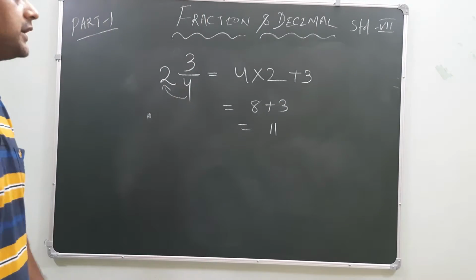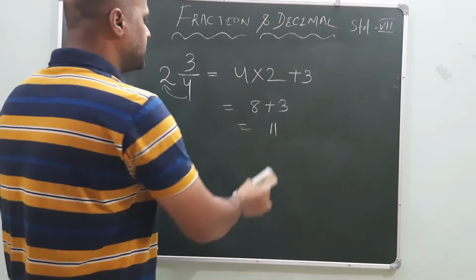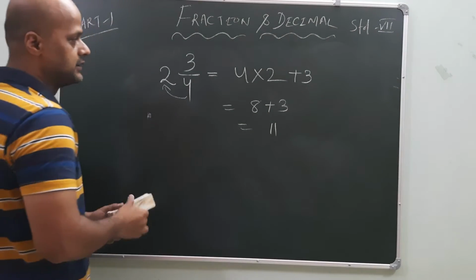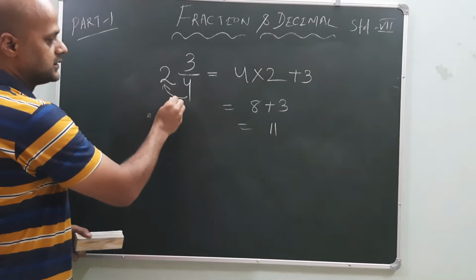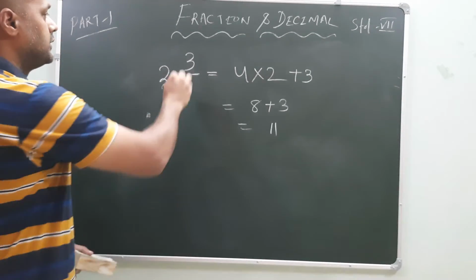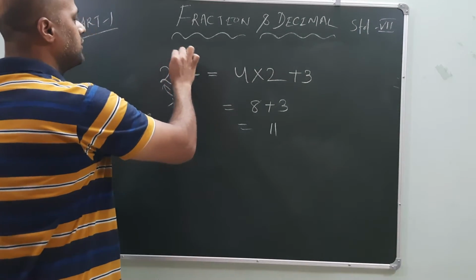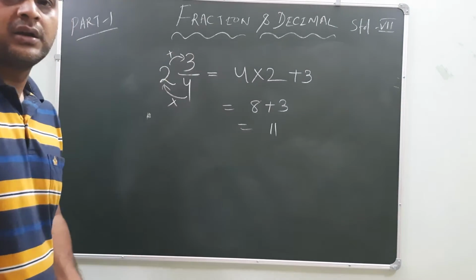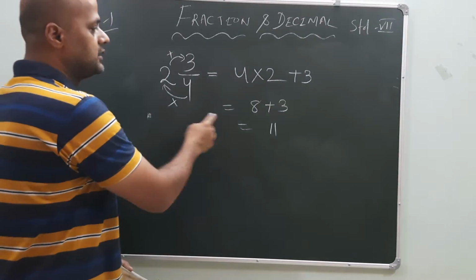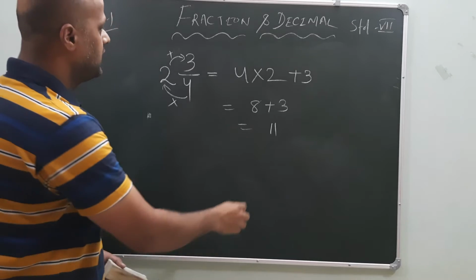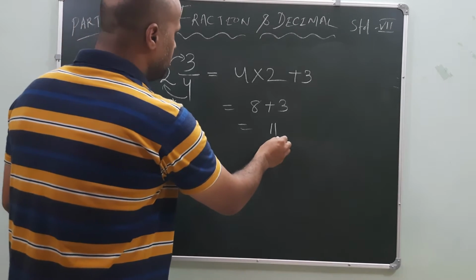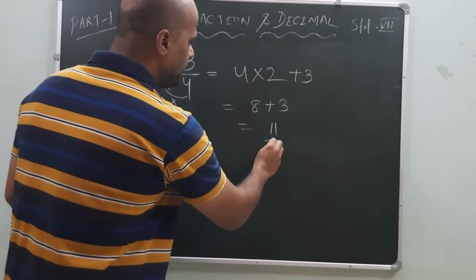Understood? Again I am going to tell you the process. 4 is multiplied by 2. Then the result will be added with the numerator. Then the result is 11. And the denominator will be as it is.